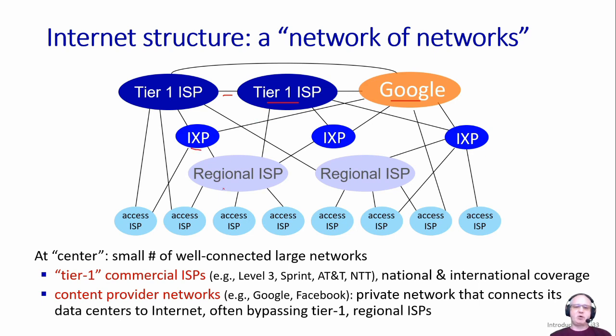And then we have these emerging large regional ISPs. So Comcast here is the big one in this case. And then these regional ISPs may serve customers directly or through a number of smaller access ISPs. This is a situation roughly that we see today, but this is something that is continually evolving as traffic changes, as new things are being developed, and so on.